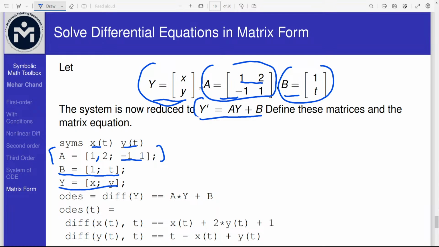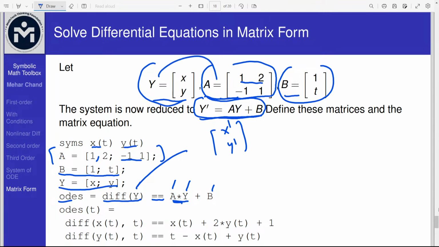Now the syntax for this differential equation is diff(Y) double equal means equal to A product Y plus B. So A, Y and B are matrices. When you use diff(Y), this means x dash and y dash. A*Y will be the product of these two matrices, A with Y.